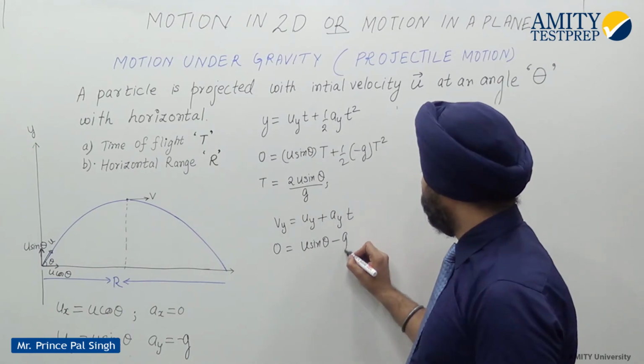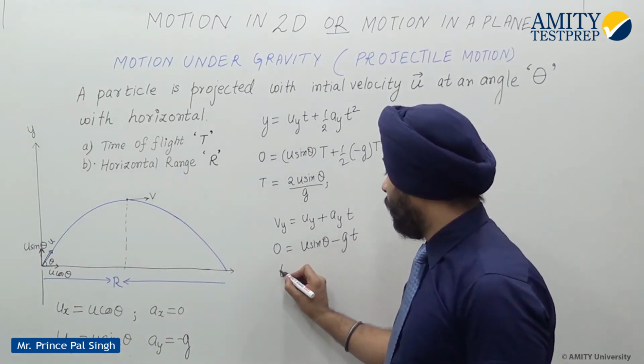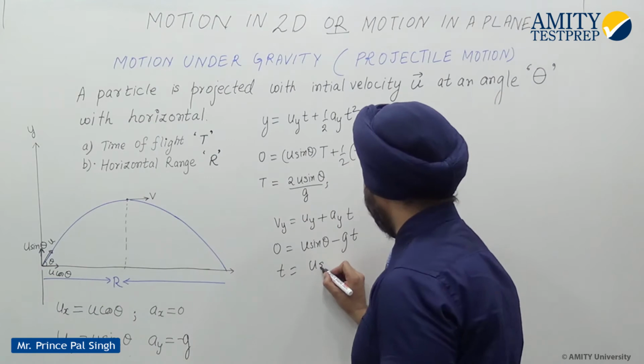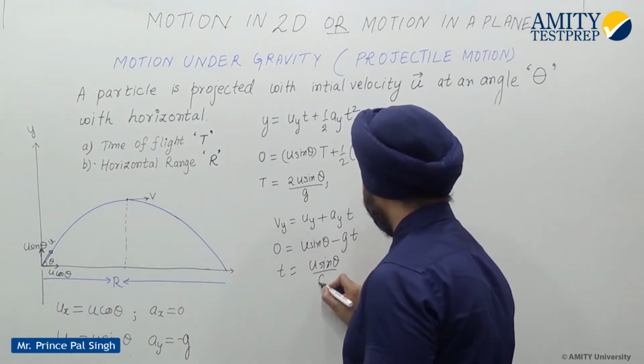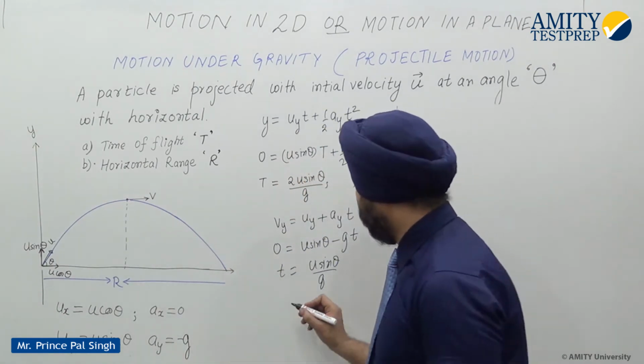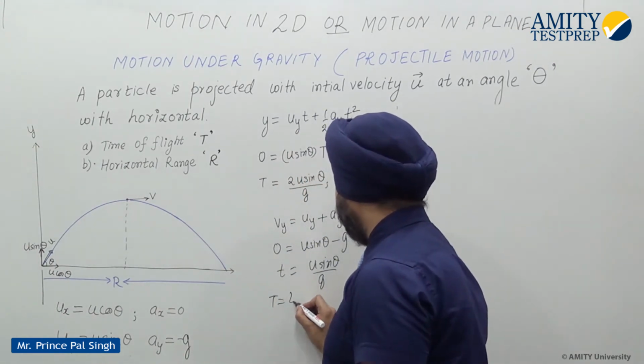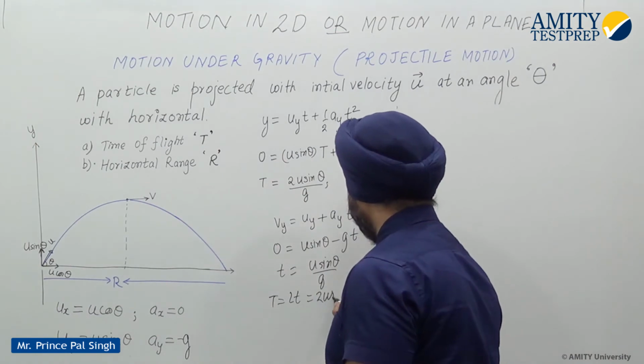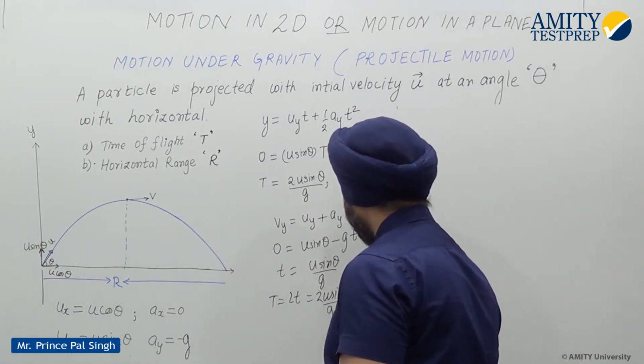So minus gt, so t equal to u sin theta by g. So this is the time from here to here. The total time is T equal to 2 times of t, which is equal to 2u sin theta by g.